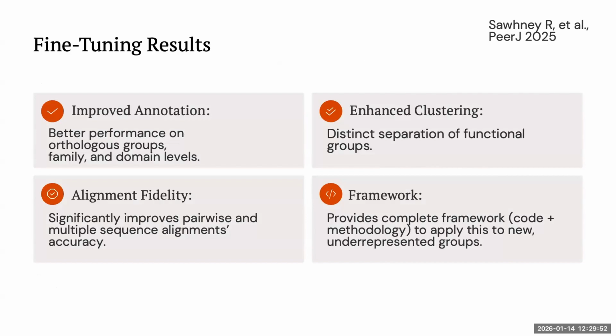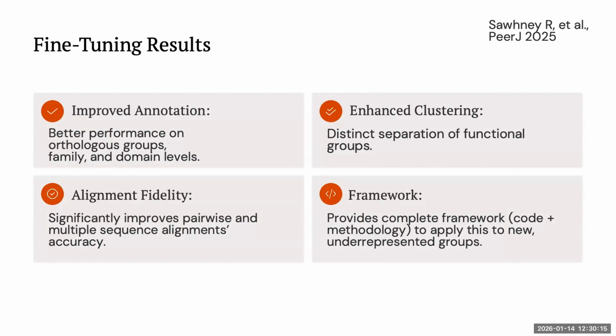And again, the results were staggering, just incredible. This was a paper published by one of the graduate students last year. Just doing that on viral sequences substantially improved annotations even more than we were doing with the traditional model. Better performance on orthologous groups prediction, family and domain level annotations.